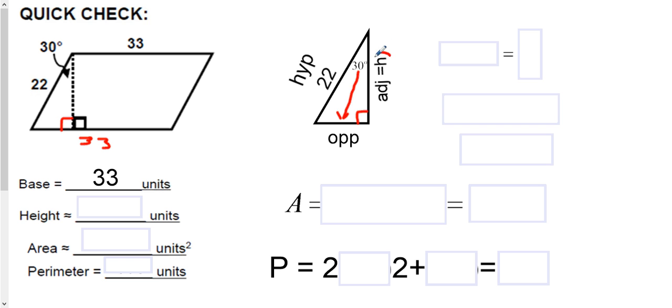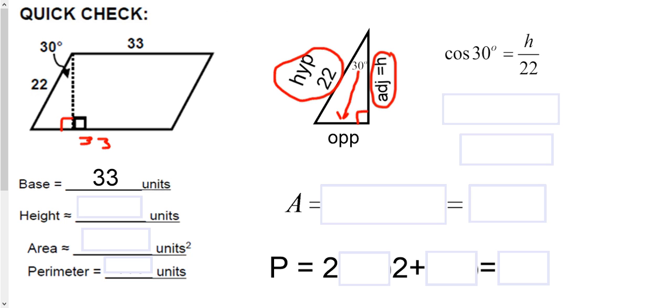So we've got to use the adjacent side because that's the height. The side we know, the hypotenuse, is 22, so we use the adjacent and hypotenuse. Do you remember which trig function uses those? That would be cosine. So cosine of the angle, which is 30 degrees, equals the adjacent side over the hypotenuse.